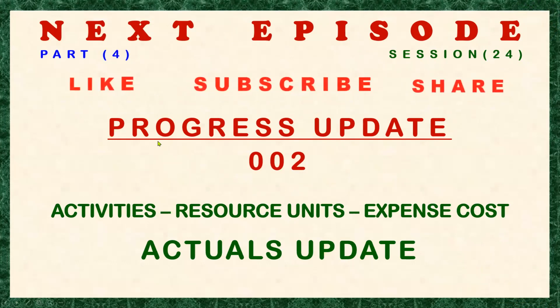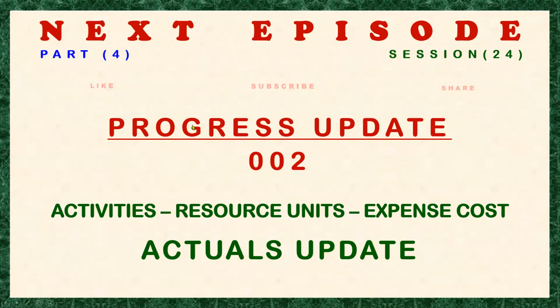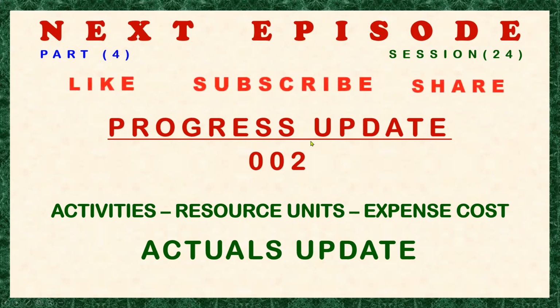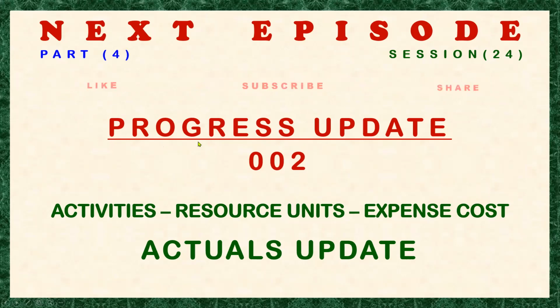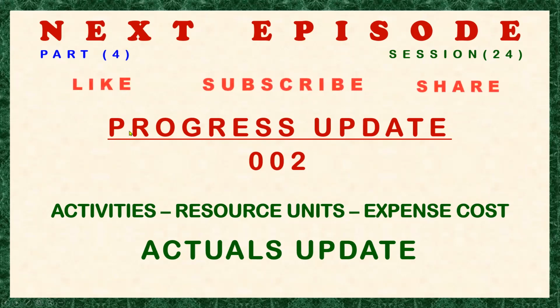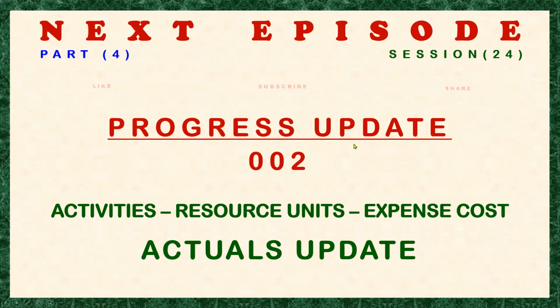But this one, since this is still part of the progress update, monitoring and controlling, which is part 4 of our exercise, the only difference here is that previously we were working on progress update 001, but now we will be working on progress update 002, meaning for the next period.